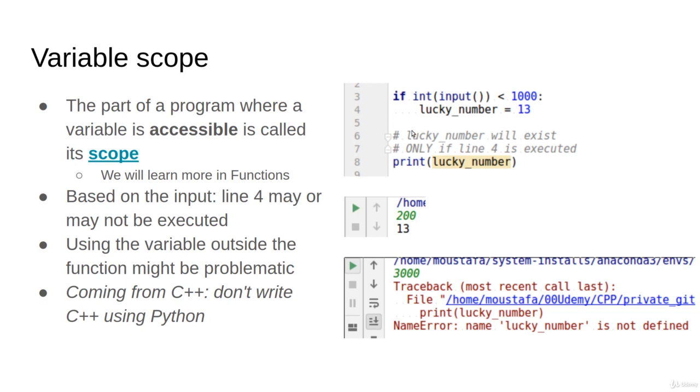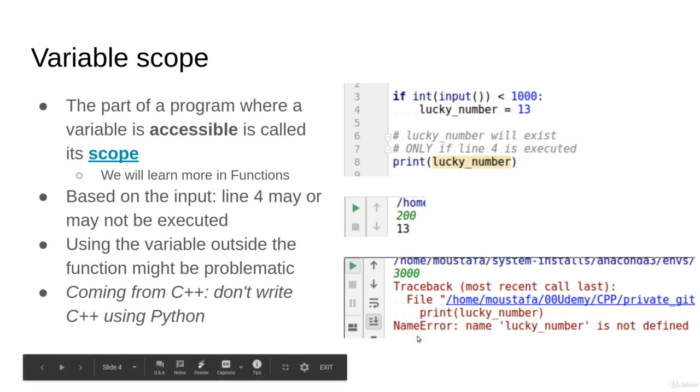Now there is a problem in this code. If this if condition is true, line number 4 will assign lucky number to 13, and it will be printed normally here. However, if this condition is false, lucky number will not be assigned, and it will cause what we call a name error. A name error is a complaint that this variable doesn't exist. So be careful.